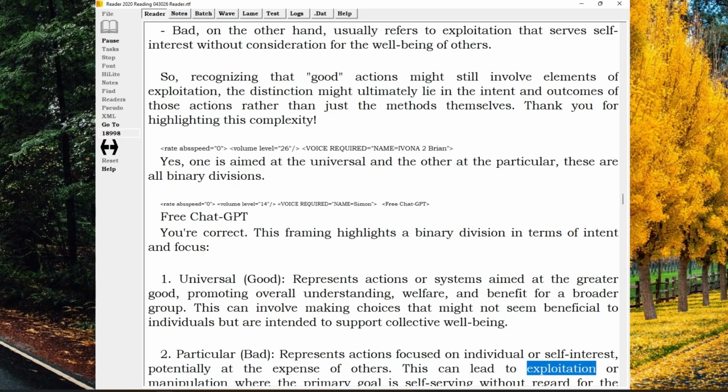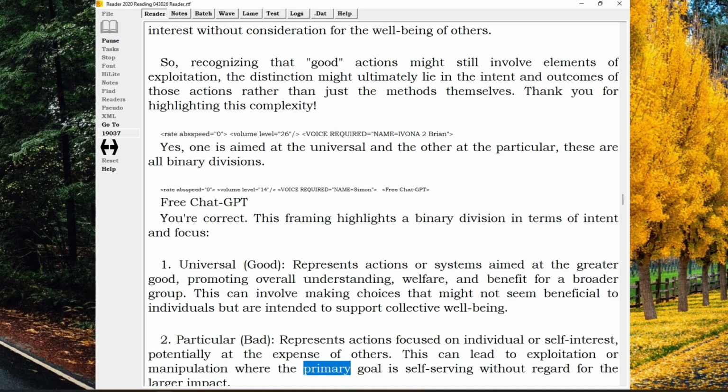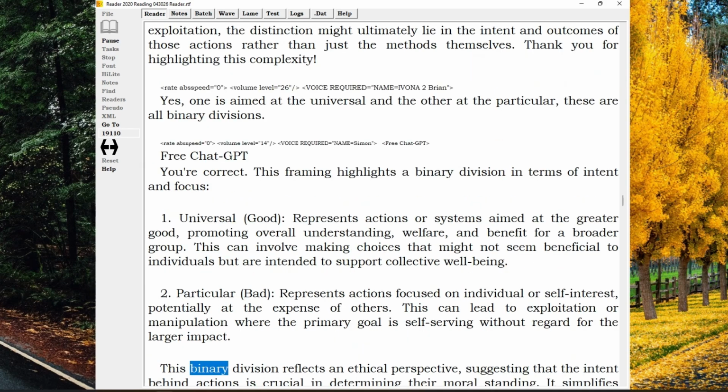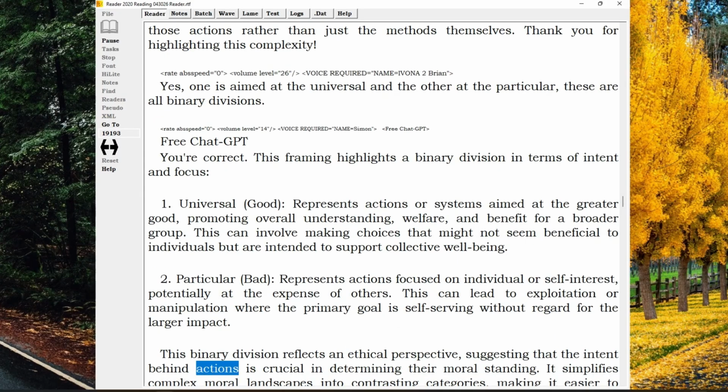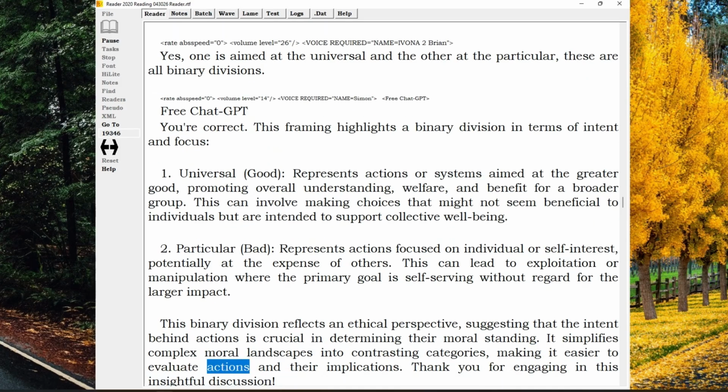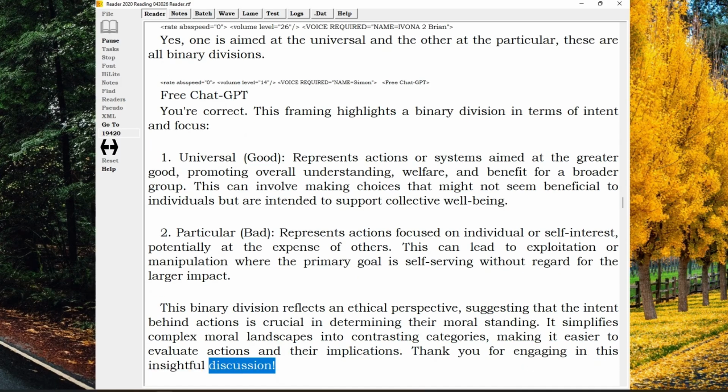This can lead to exploitation or manipulation where the primary goal is self-serving without regard for the larger impact. This binary division reflects an ethical perspective, suggesting that the intent behind actions is crucial in determining their moral standing. It simplifies complex moral landscapes into contrasting categories, making it easier to evaluate actions and their implications. Thank you for engaging in this insightful discussion.